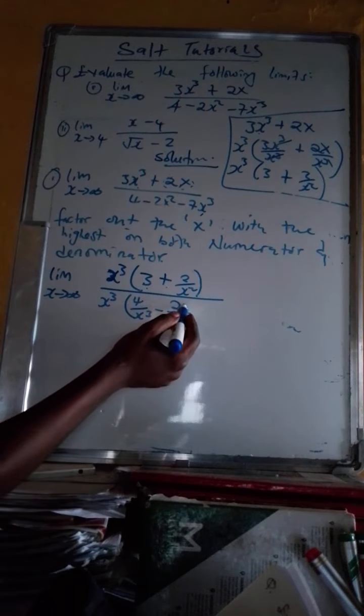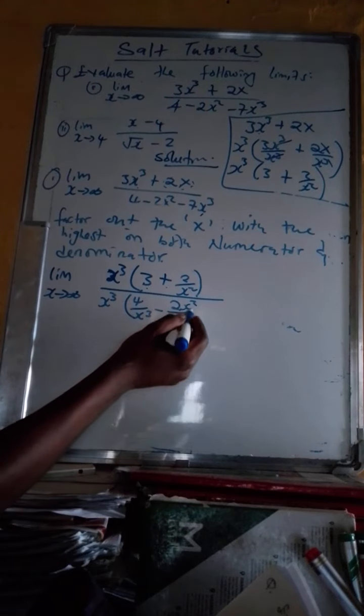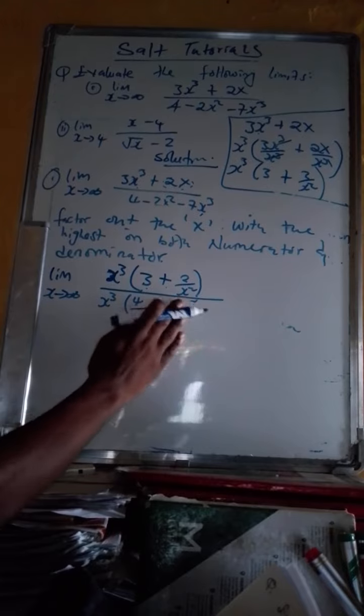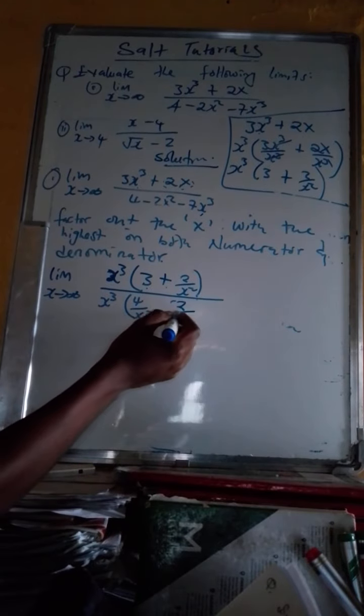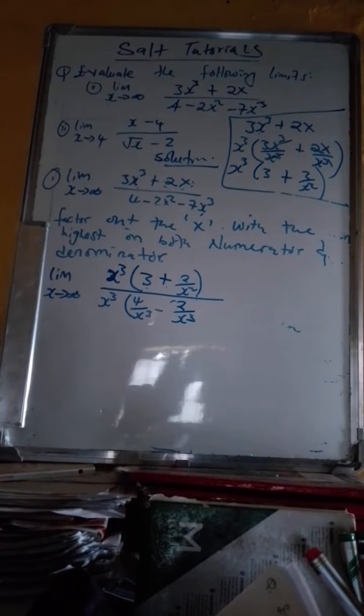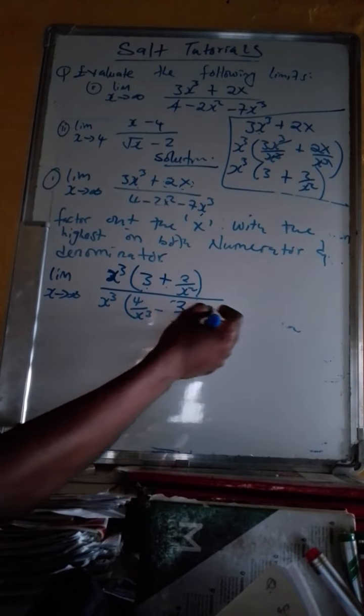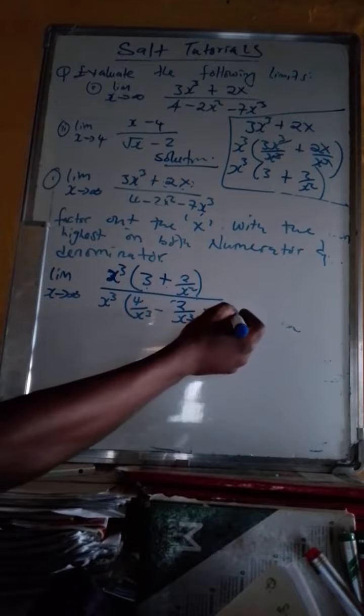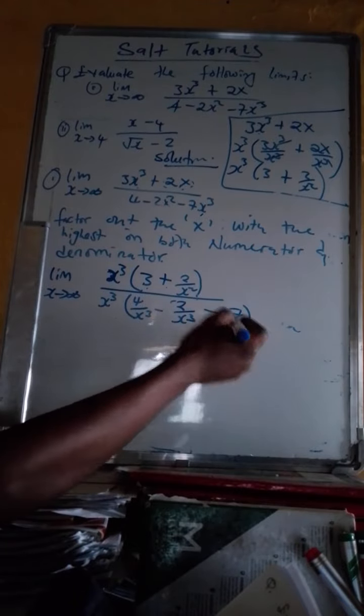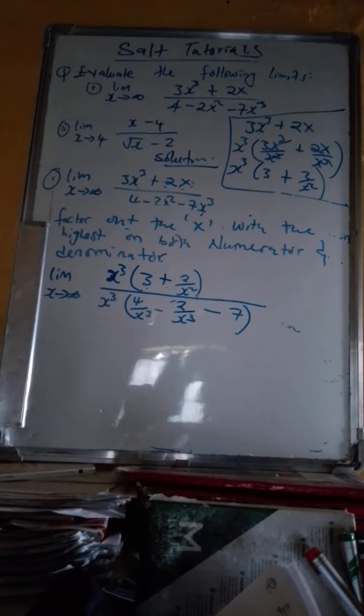Why? Because it will be x squared over x power 3. The squared and the squared will cancel. No wonder we are remaining with a 2 over x power 3 minus, since x power 3 has been factored out, when you divide, we'll just remain with the 7. This is what I'm going to have.